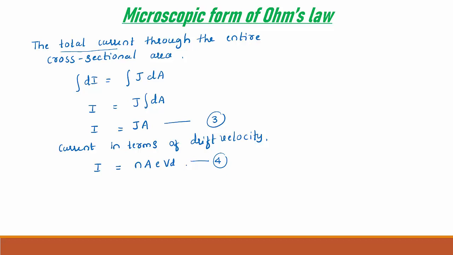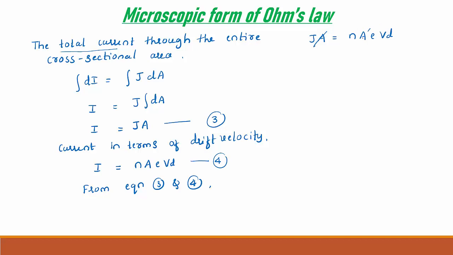Now compare equation 3 and 4. On the LHS both are I, the electric current. So from equation 3 and equation 4, we can write J A equals n A e Vd.